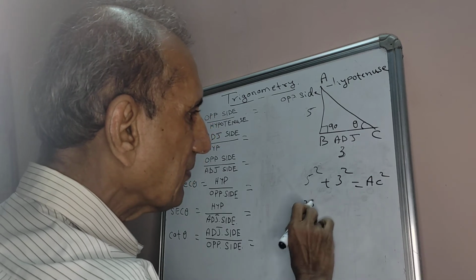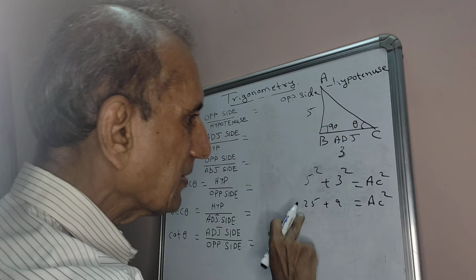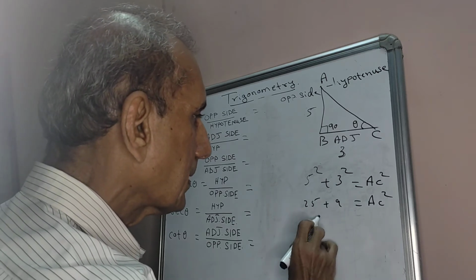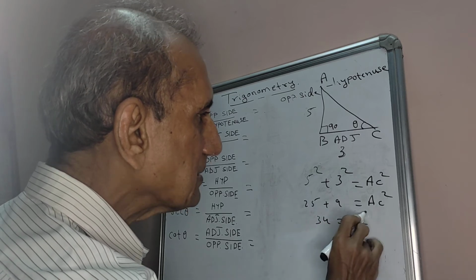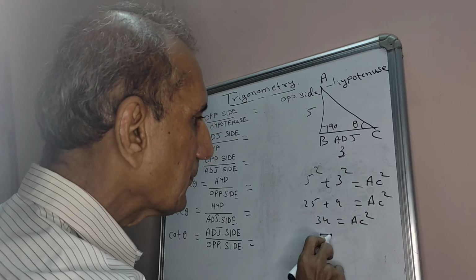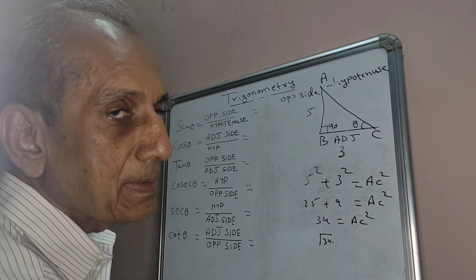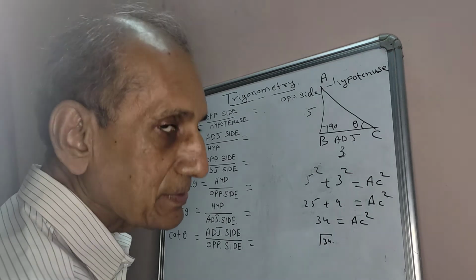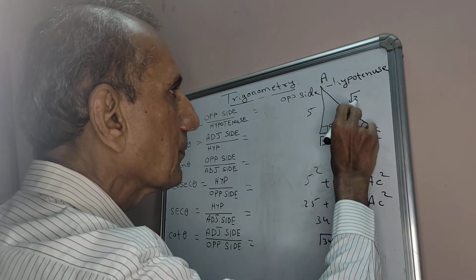So this will be 25 plus 9, which is 34. So my AC will be root 34. Okay. 34 does not have an exact square root, so you can write only root 34.